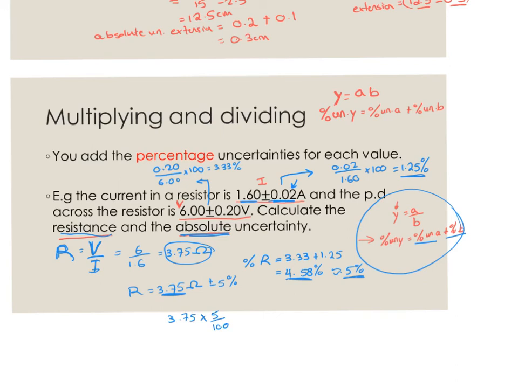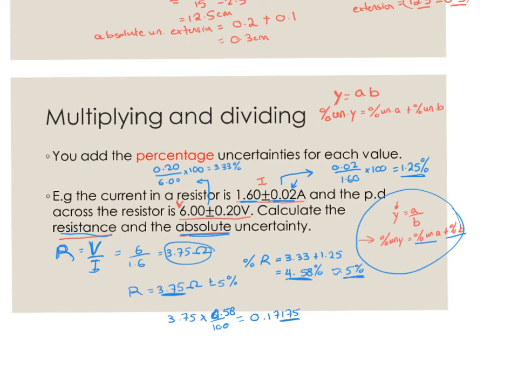I've forgotten to put 5%, but let me put 4.58. I just rounded it, so let me just do that again. Okay, so that will be 0.17175.